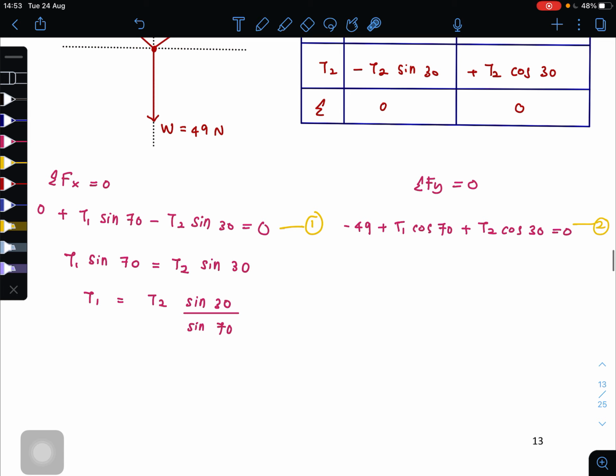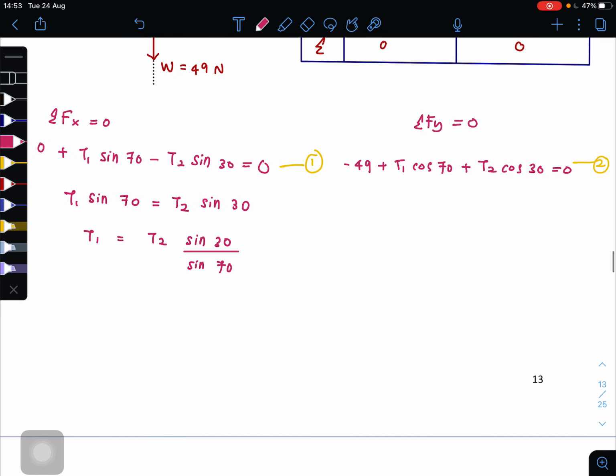Just press the calculator, sin 30 divided by sin 70, so we get T1 is equal to 0.5321 T2. So this is the third equation.